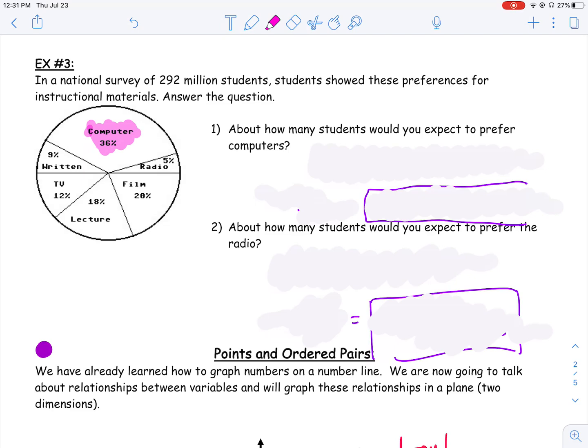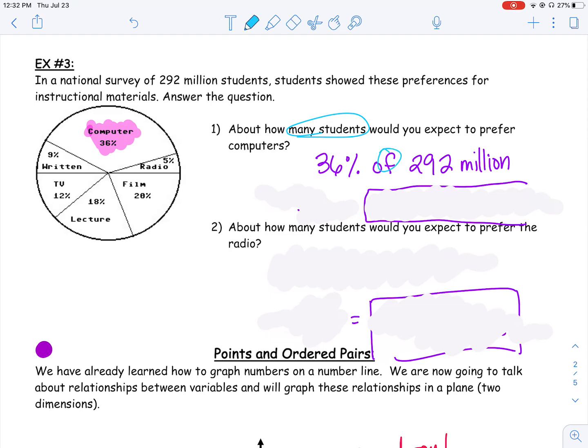But now be careful. The question didn't ask us what percent of students, it asked us how many students. So we've got to figure out what amount that is. But I do know that it's 36% of all the students in the survey. So 36% of 292 million students. Now we've got to do a little bit of math and figure out what that number is. Now maybe you remember from a past class how to calculate percent.